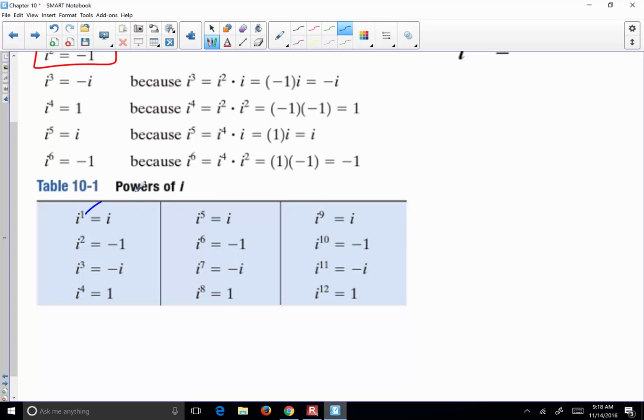Like the 1st, 5th, and 9th, 4 terms apart, are all i. 2, 6, 10 is minus 1. 4, 8, 12 is all 1. So every time you add 4 to the exponent, we keep repeating the same number.